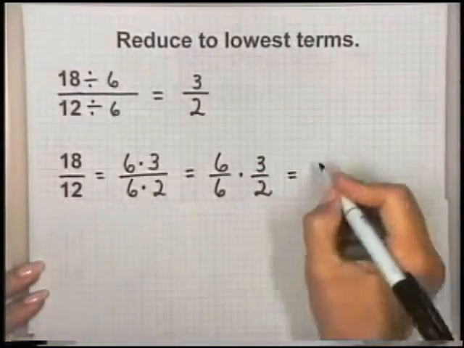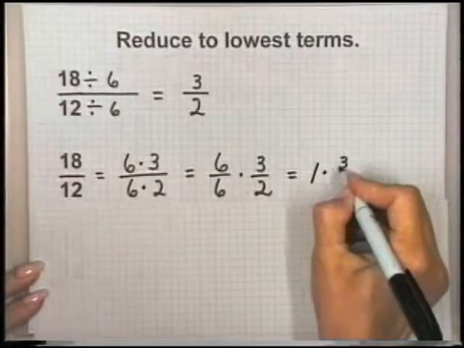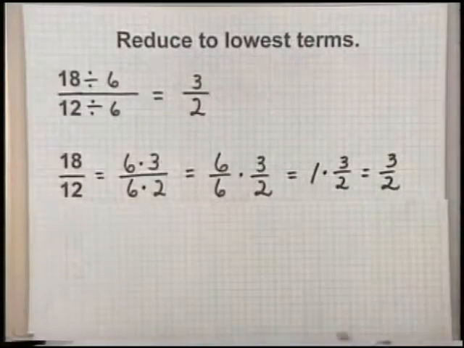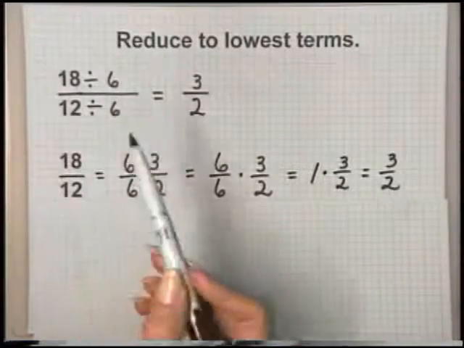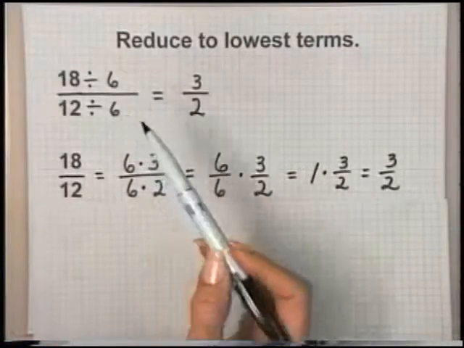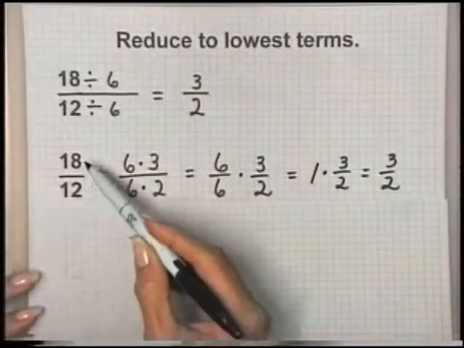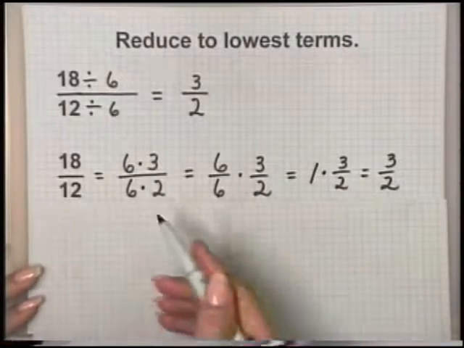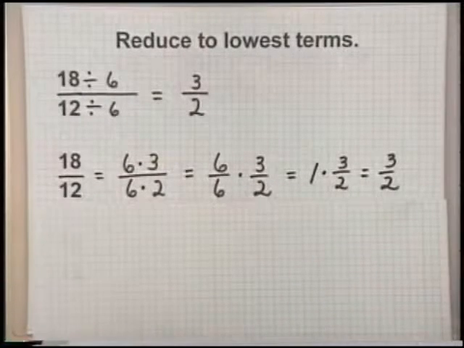We know that 6/6 is 1, so this would be 1 times 3/2 or 3/2. Now, I expect that some of you divide by the common factor, and some of you write 18 and 12 out as factors and work the problem this way.